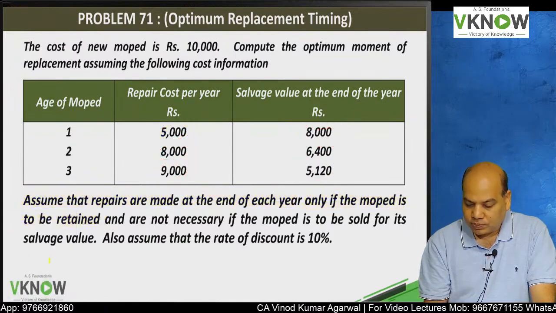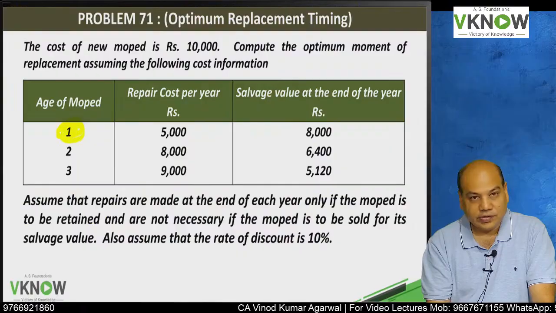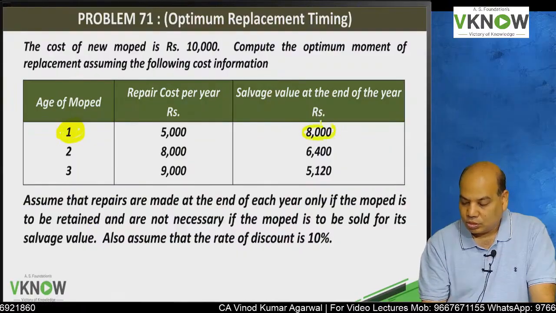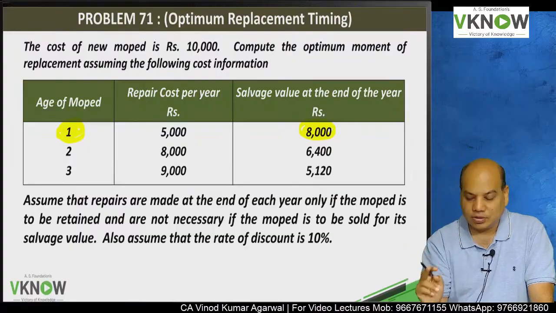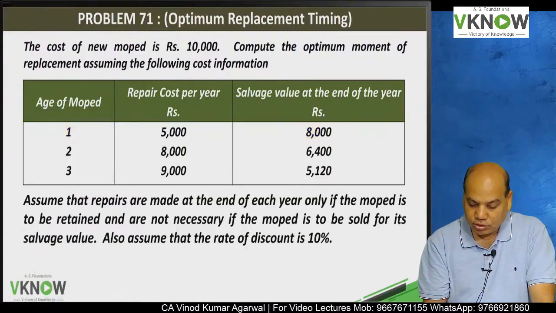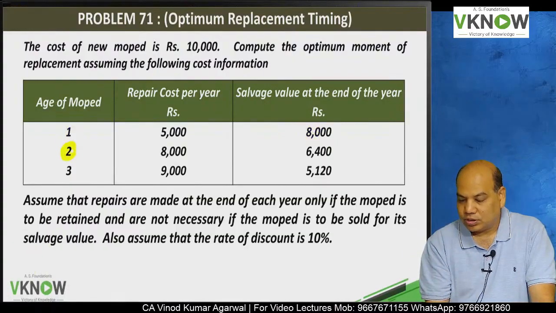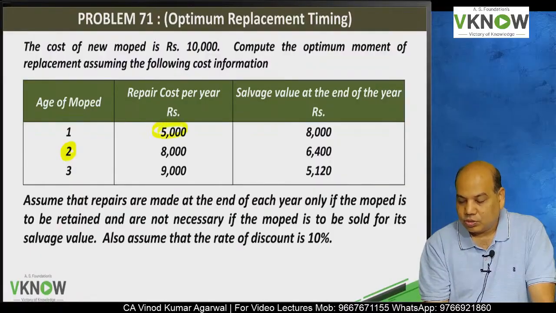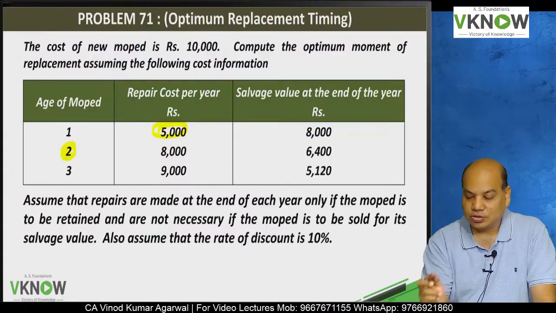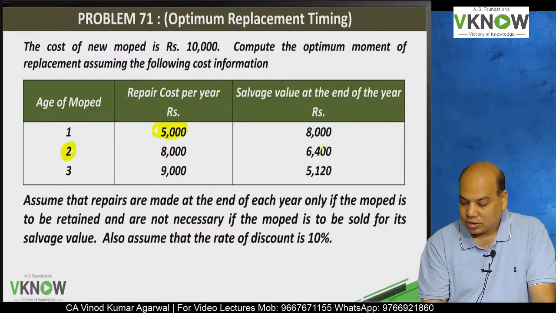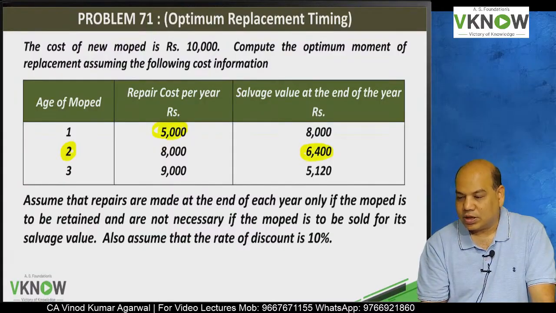So if you want to replace after year 1, for example, you will only receive salvage value, you will not incur repair cost. But suppose you want to replace after 2 years, means you want to use the asset for second year, then incur the repair cost of the first year and get the salvage value of the second year.